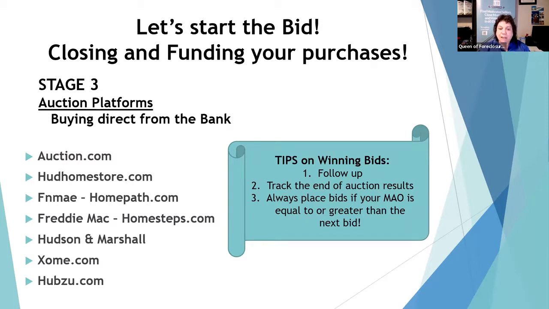These are all the ones that I'm showing you here: auction.com, HUD Home Store, Fannie Mae, Freddie Mac. Those are the ones that have been sitting on the sideline, and those are the ones that will have the highest reserves. These buyers have come to the table with anywhere from 0 to 5% down payment.